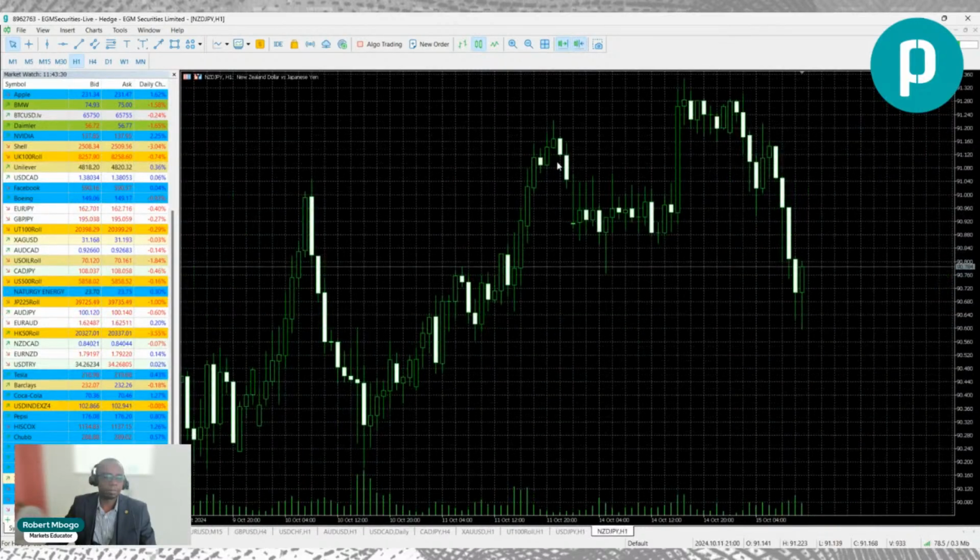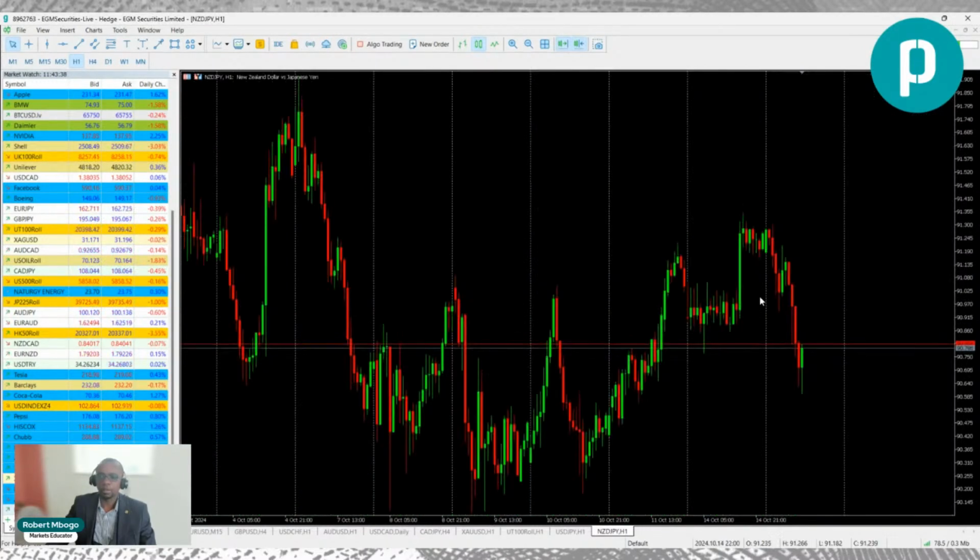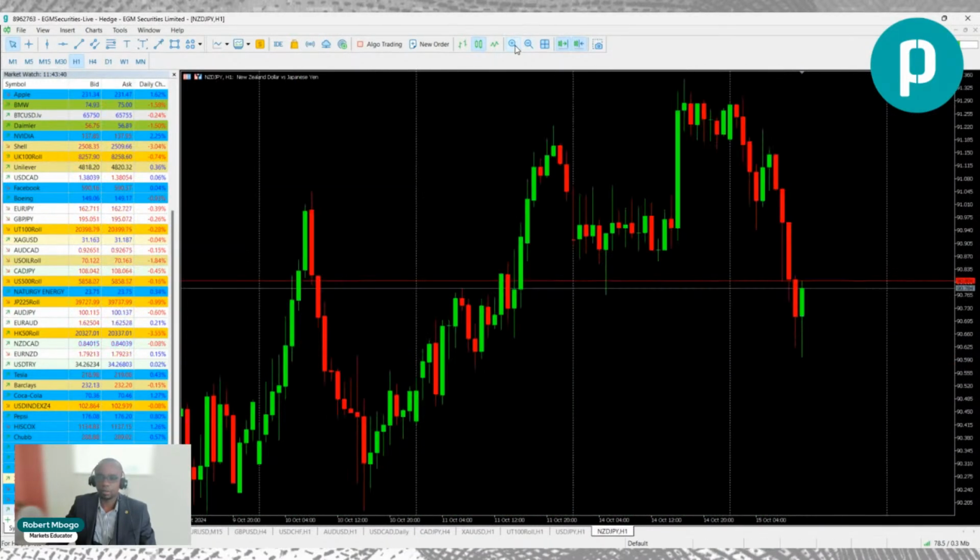You can see it's been bearish. So you can see that bearish push, right? That has played out courtesy of the currency strength meter.